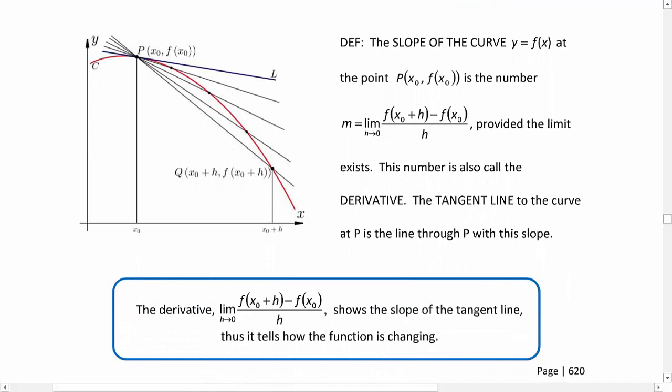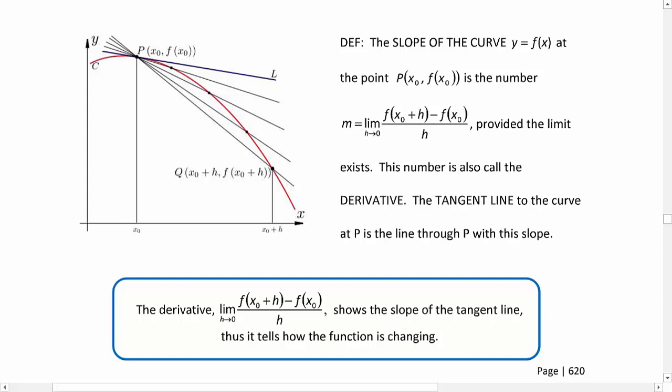The slope of the curve y equals f of x at the point x0, f of x0 is the number m, right, for slope. The limit as h approaches 0 of f of x sub 0 plus h minus f of x sub 0 all over h, provided the limit exists. This number is also called the derivative.